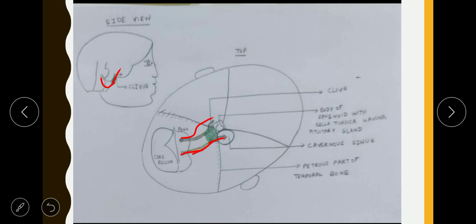An important point to remember is that at the petrous part of the temporal bone, the nerve takes a sharp bend, and this is very important in false localizing signs, which we will see at the end of the class.